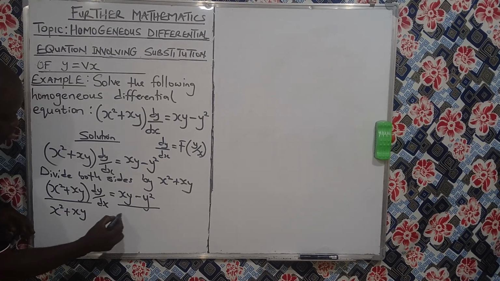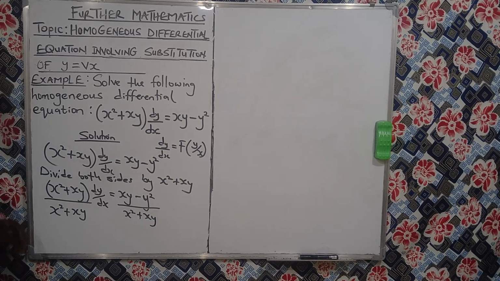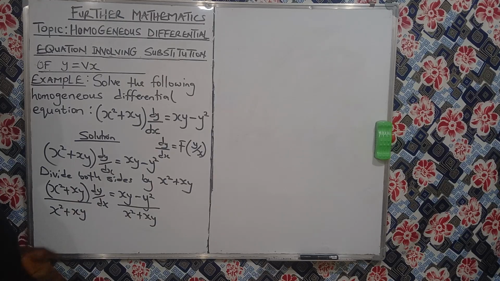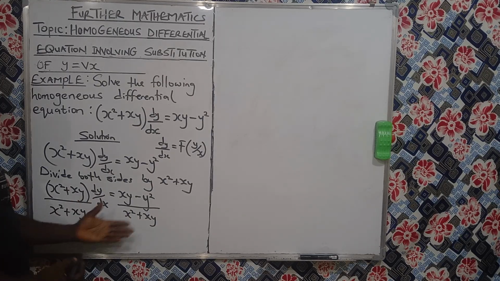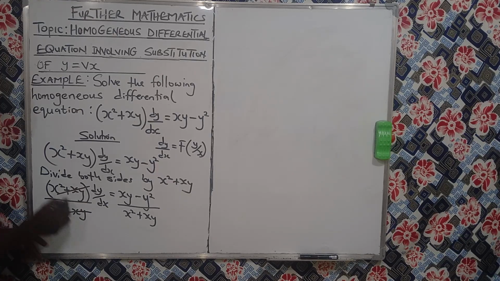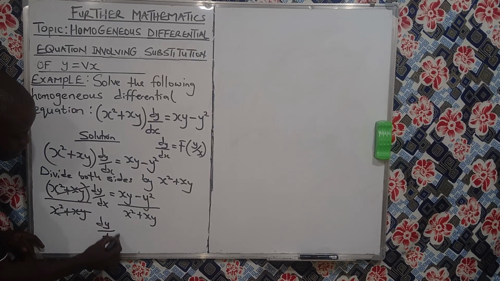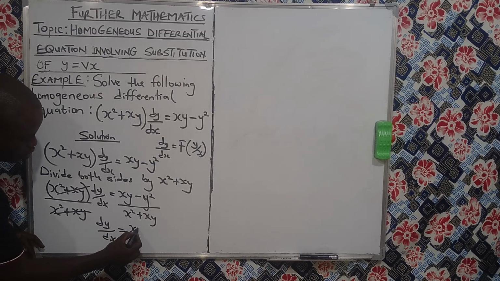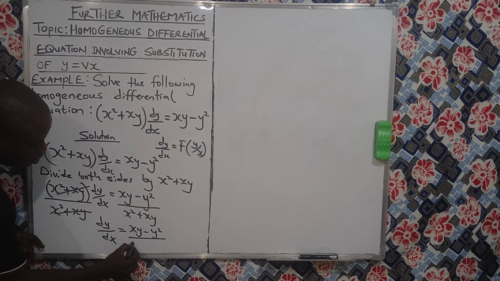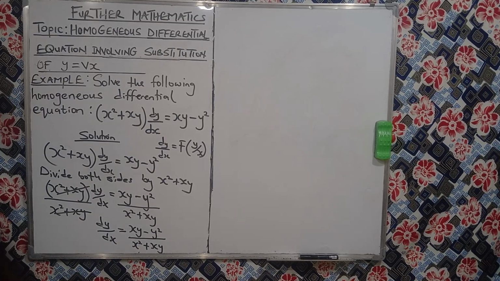Divide the right hand side also by x squared plus xy. Whatever you do to the left hand side, you do to the right hand side, so that we do justice to both sides of the equation. Cancel out. You have dy over dx equals xy minus y squared over x squared plus xy.